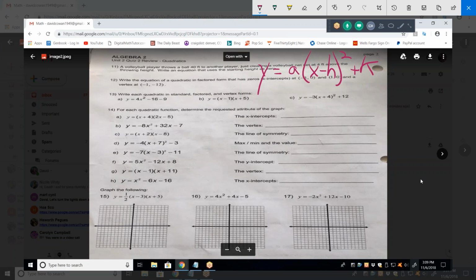And then let's write our function. Somehow we have to take this function and put it in this format above. The way you convert to vertex format is always by completing the square. So we're going to complete the square.